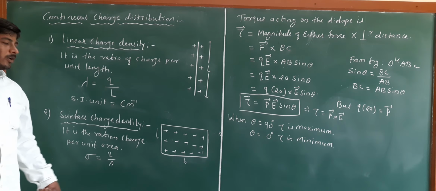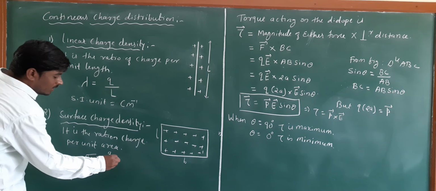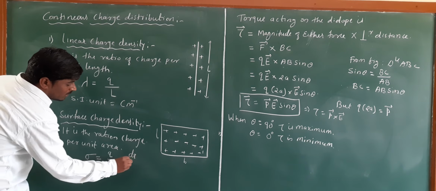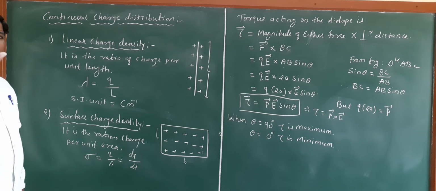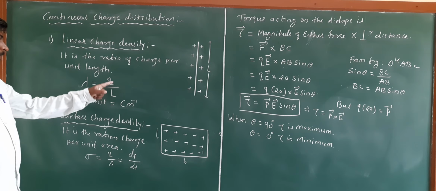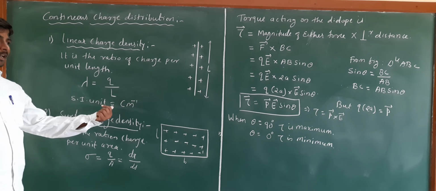For a small charge, it is dq divided by dS or dq divided by dA, where dS is a small area.